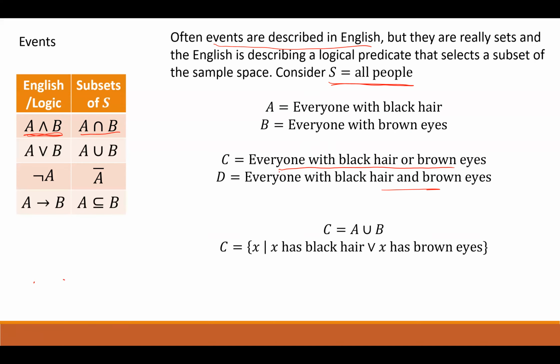So C is the union, right, because I used or here, of A and B. So it's everyone with black hair or with brown eyes. But I can also write this using the set builder notation. So C is the set consisting of these elements X, such that X has black hair or X has brown eyes, right?